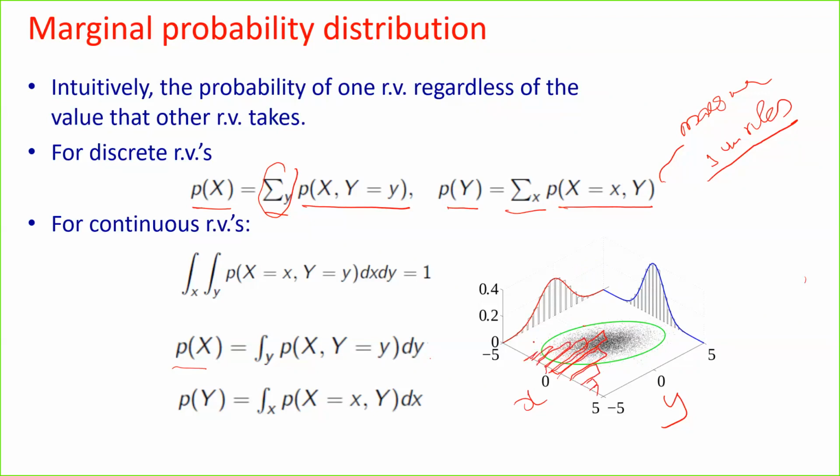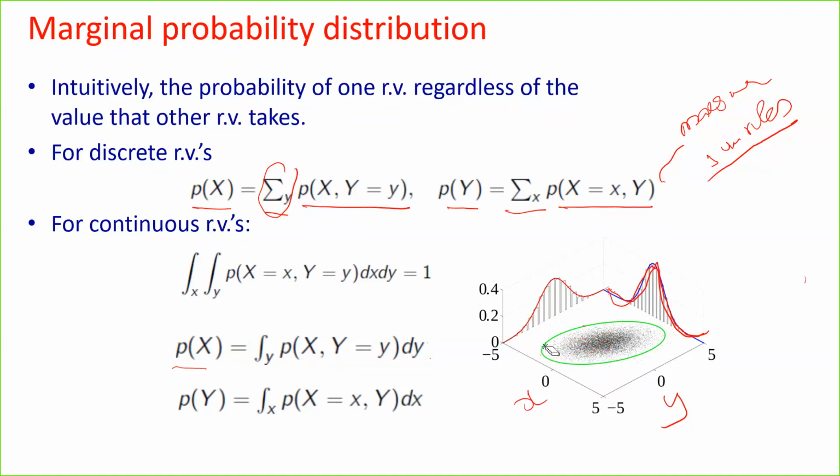This is how the x values are distributed irrespective of the y values. That's what the marginal probability distribution means in the continuous case.